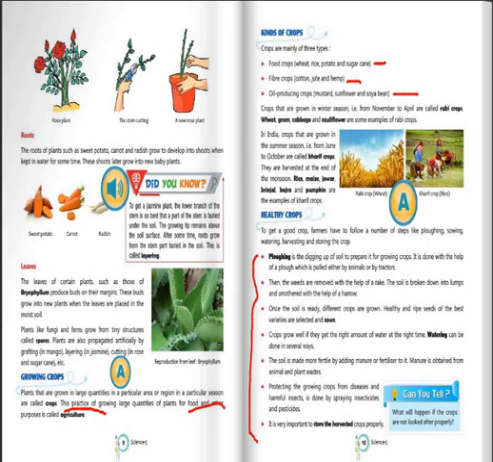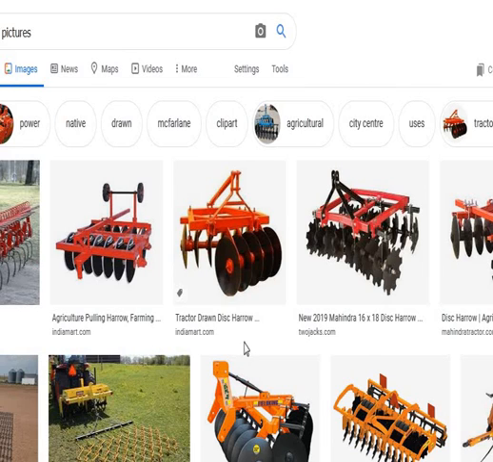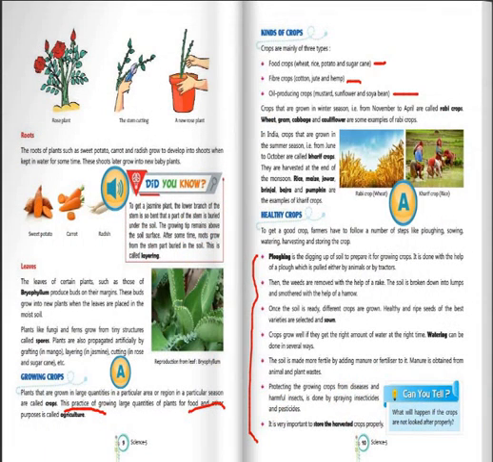Now the soil is broken down into lumps and smoothed with the help of a harrow. If you don't know what a harrow is, let me show you pictures of that too. This is called a harrow, which you have seen at the back of a tractor. Okay, now let's move ahead.